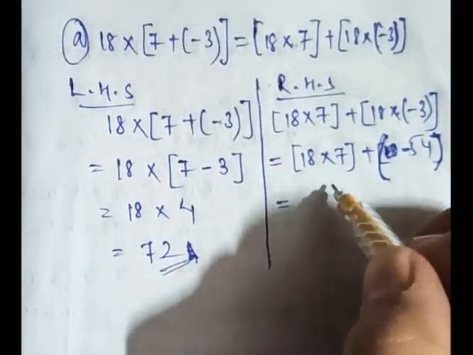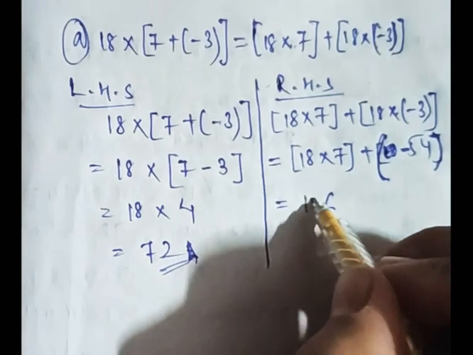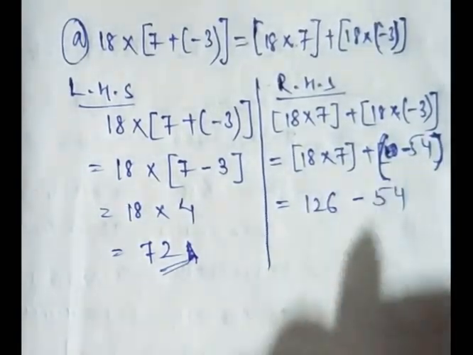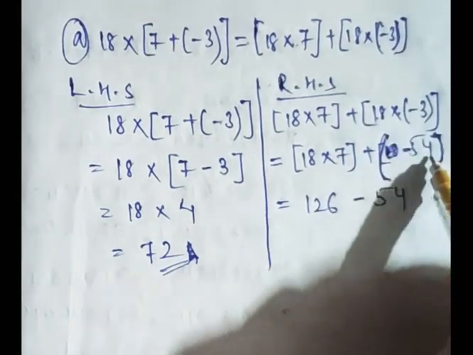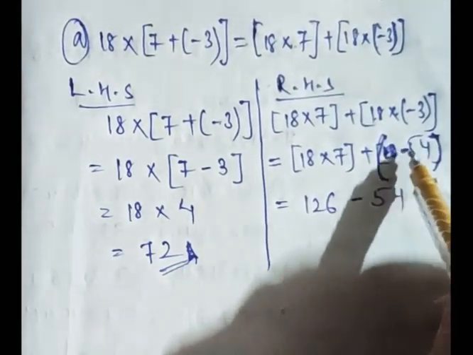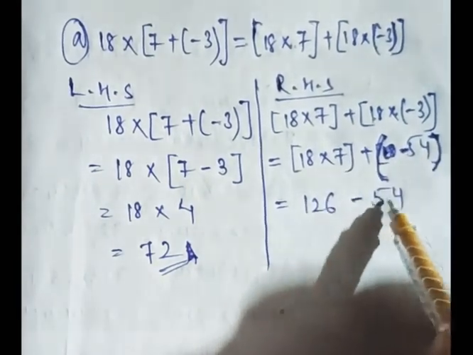Okay, 18 into 7 is 126, plus minus is again minus 54. I hope you have understood this. 18 into 3 is 54, but plus into minus is minus. That's why I have kept the minus here. It is inside the bracket. Now plus minus is again minus 54.